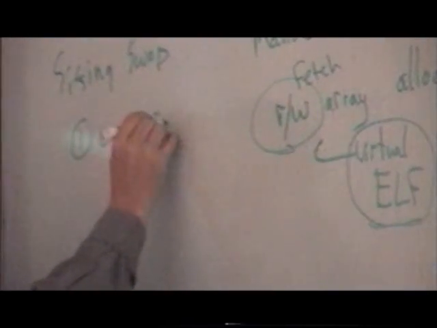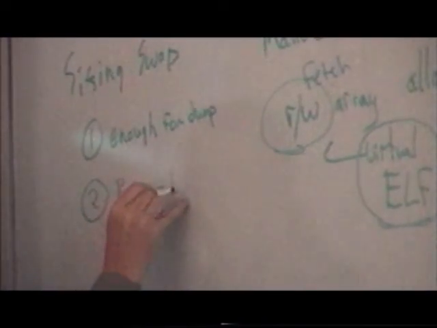First rule is enough for a dump. And if you only have a single disk drive system, you need to save space for your normal file systems. The second thing to consider is you need it bigger than miser. And that's something that we have not done here.